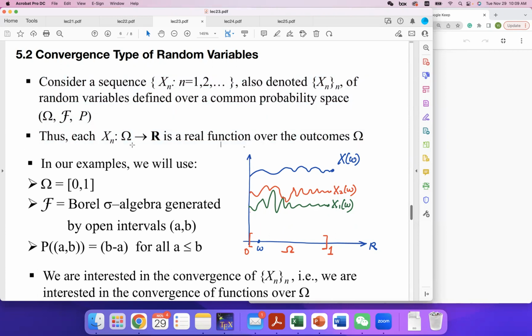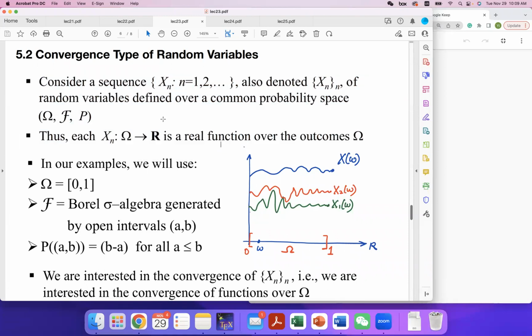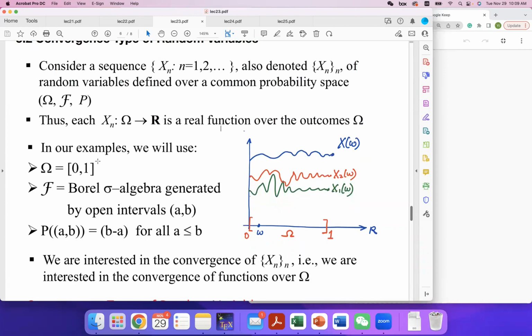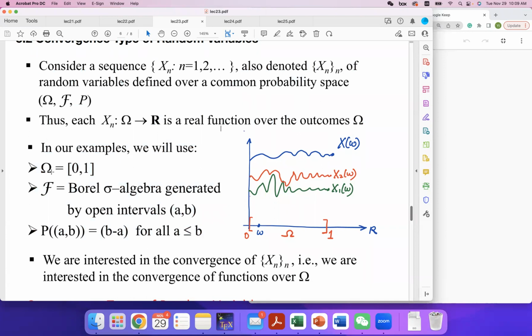It's a real valued function on the outcome space, omega. To simplify the discussion, we will consider the outcome space to be the unit interval between 0 and 1, and the sigma algebra is the Borel sigma algebra generated by open intervals on this omega space.